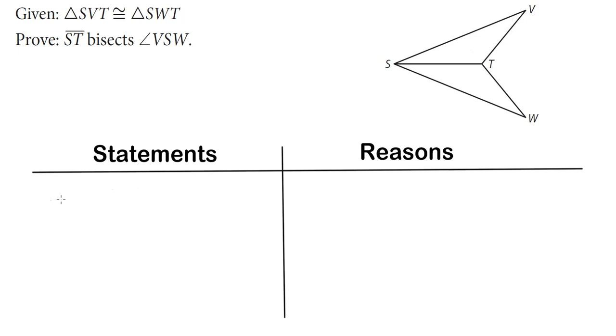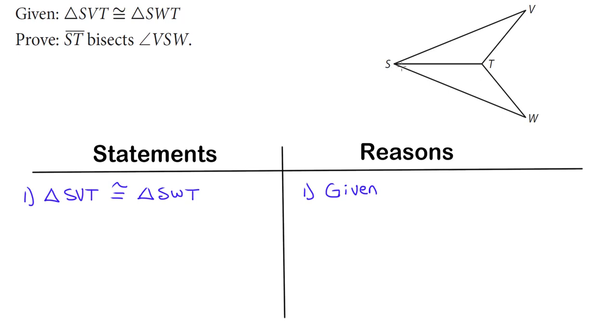So where do we begin? We begin with our given statement. So our given statement is triangle SVT is congruent to triangle SWT, and the reason for that is it is given.